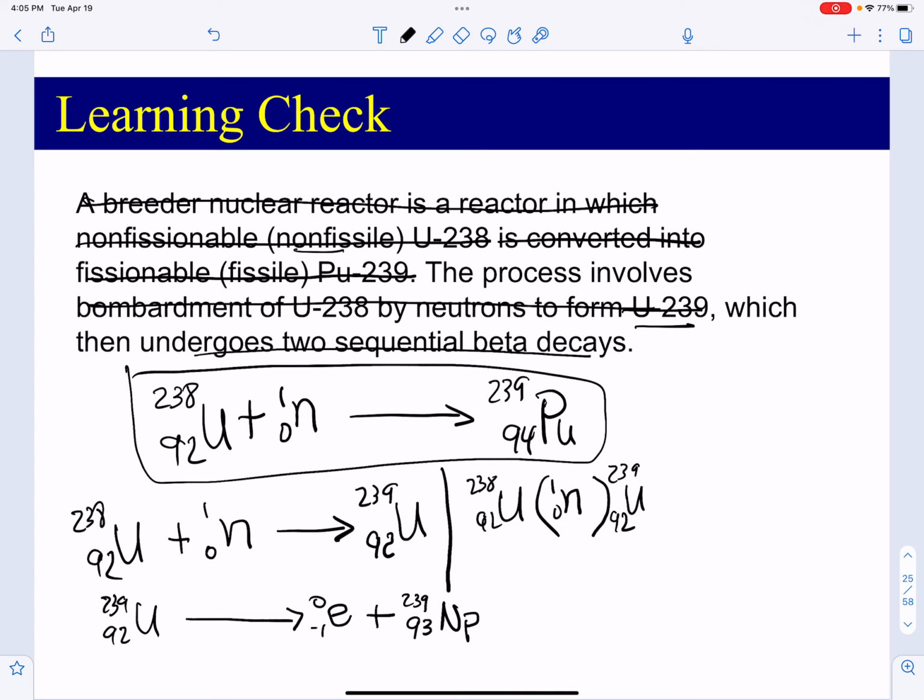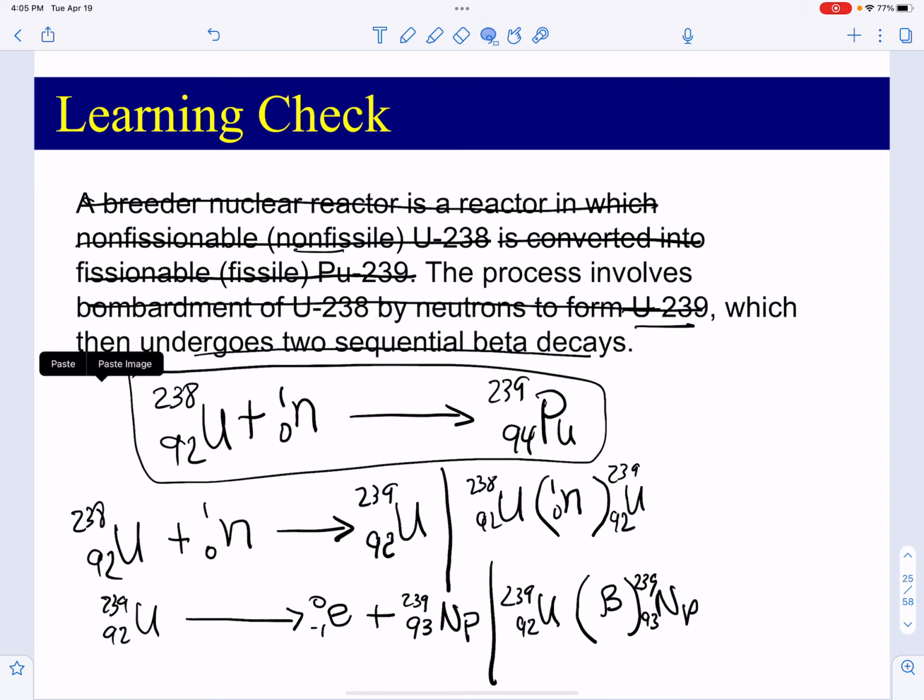So that will be uranium 92, 239, producing, that's a beta particle, so you can say a beta particle producing neptunium 239.